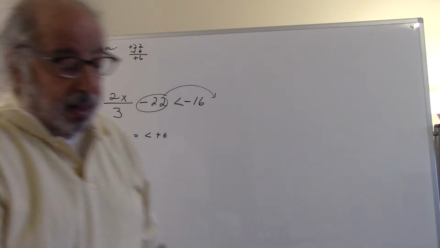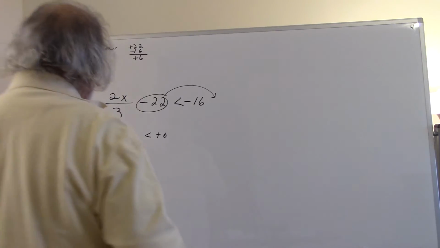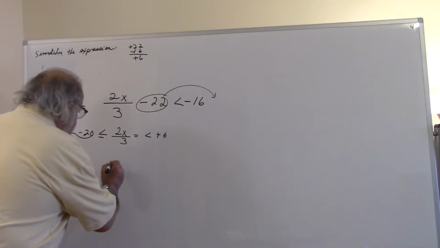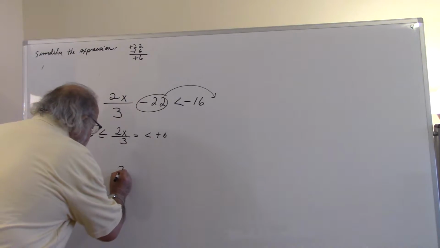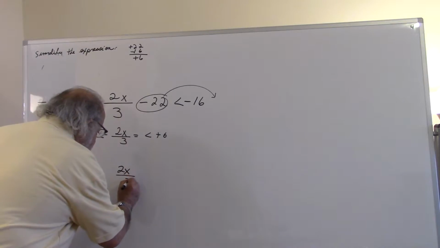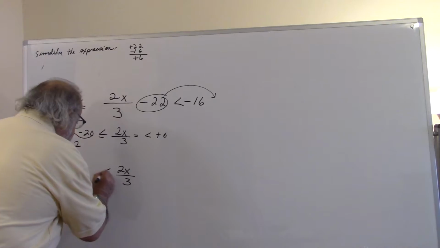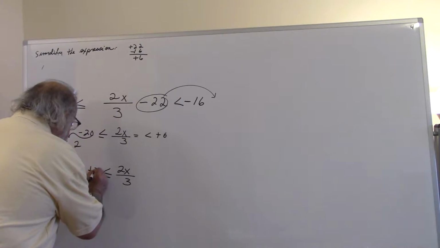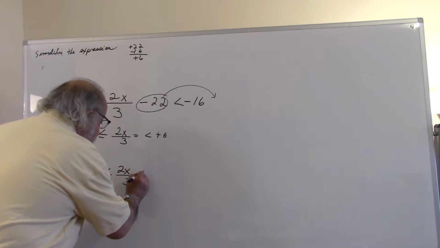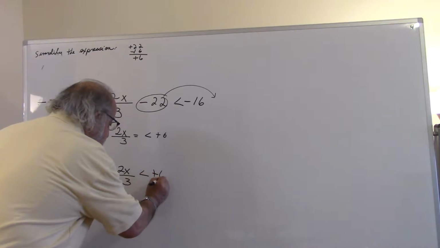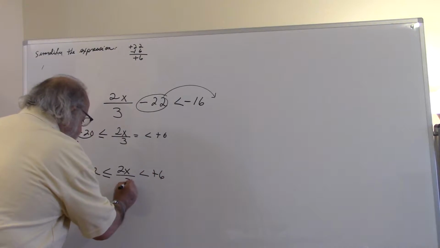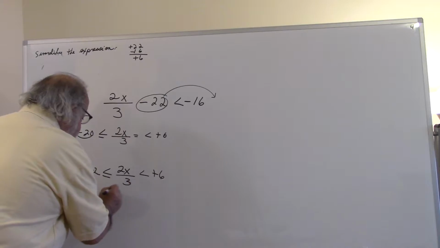So let me rewrite this here now. 2x over 3 greater than, right there, plus 2, plus 6. Now, take this here and multiply.